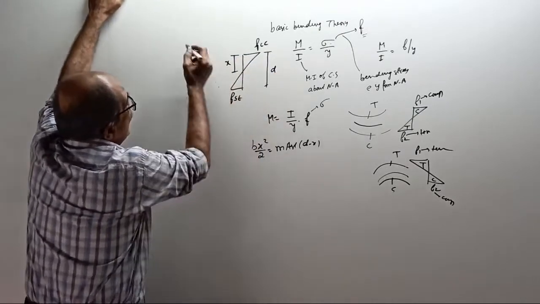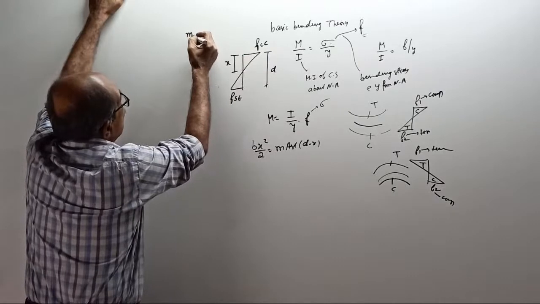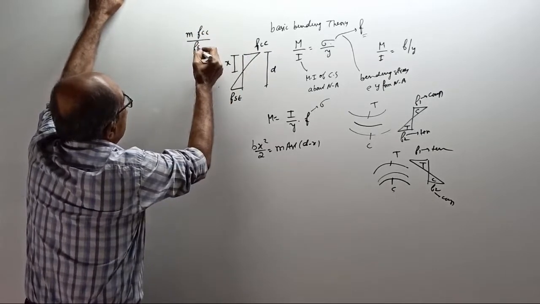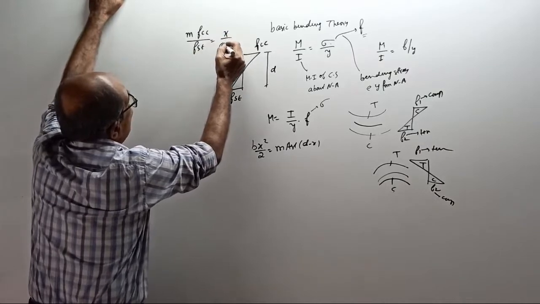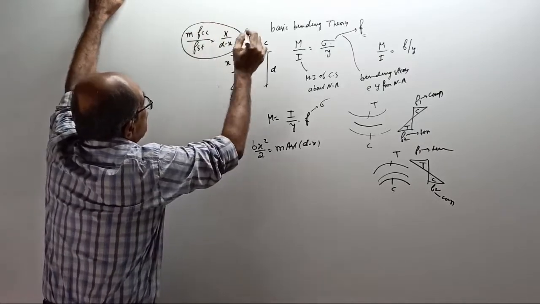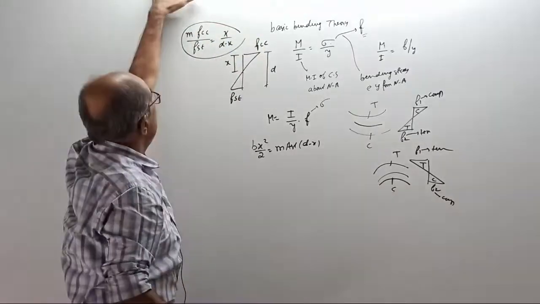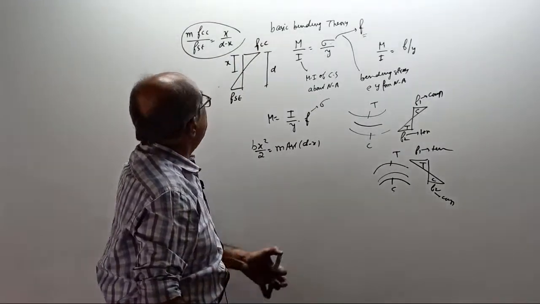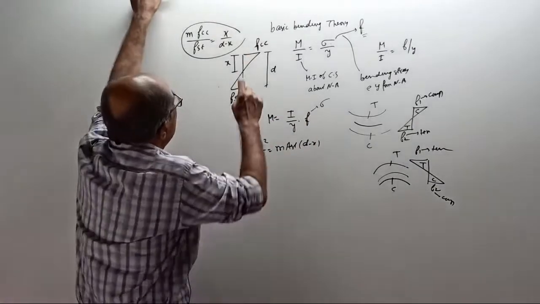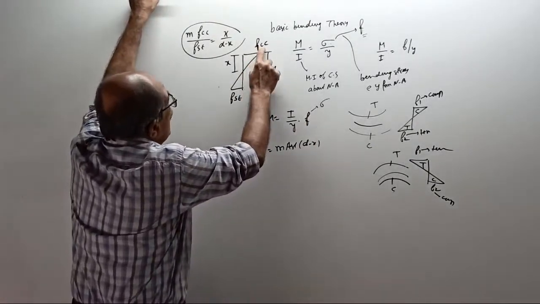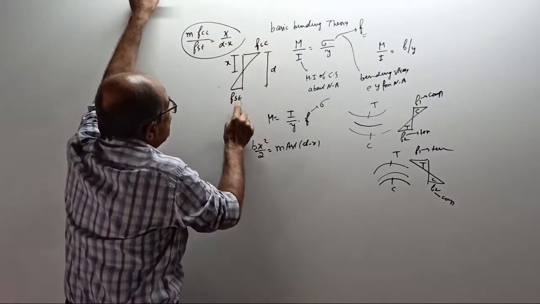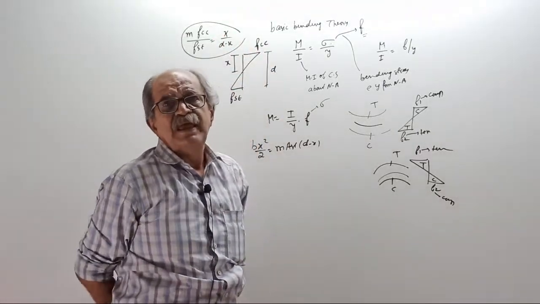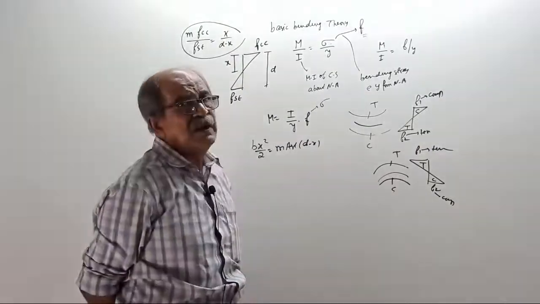The relation here is m times FCC divided by FST equal to x divided by (d minus x). In RCC I wrote FC, I had not written FCC. Today I am writing FCC, stress in concrete in compression, stress in steel in tension. So m FCC by FST equal to x divided by (d minus x).